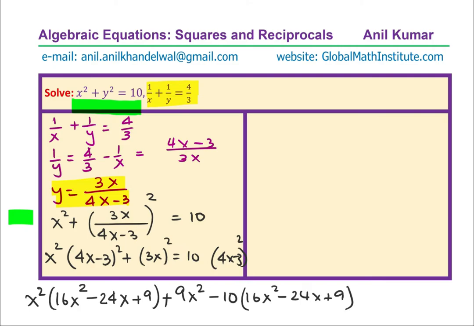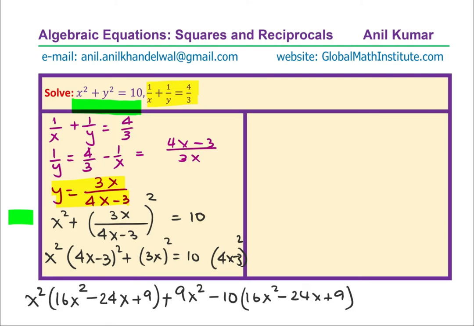Now you can open this and simplify, writing each term. So 16x to the power of 4, and we get 10 minus 160x to the power of 4. So let's expand this.